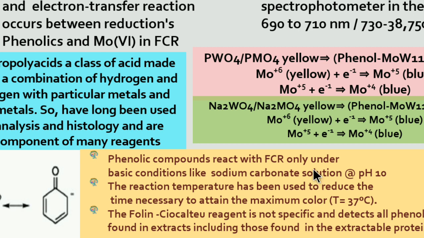This first point you have understood, where I have already spoken in the introduction of the Folin-Ciocalteu reagent, where the alkaline medium is very important for the reaction of the FCR with the reducing components. Now here are the phenols. Now here the reaction temperature has been used to reduce the amount of time taken to complete the reaction.